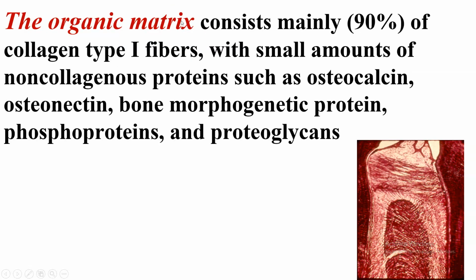The organic matrix consists mainly of 90% collagen type 1 fiber with a small amount of non-collagenous proteins, which are osteocalcin, osteonectin, bone morphogenetic protein, phosphoproteins, and proteoglycans.